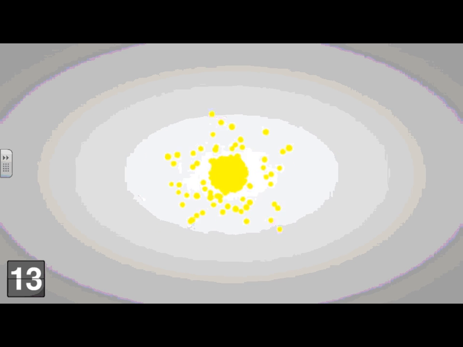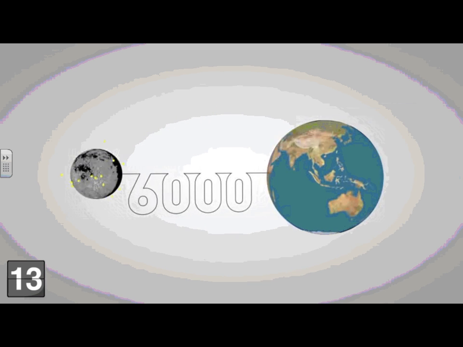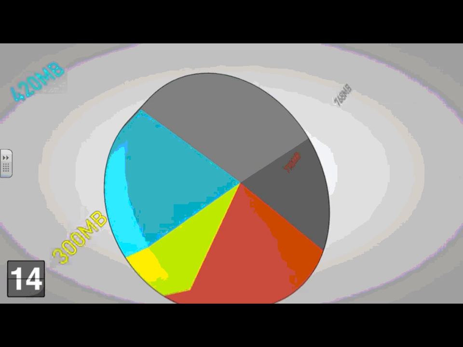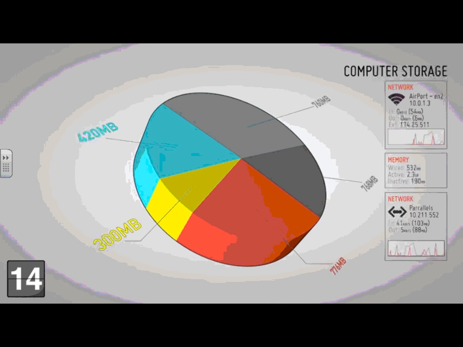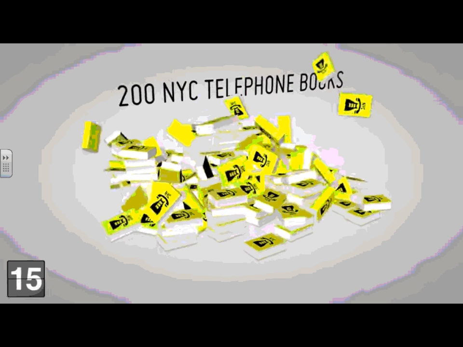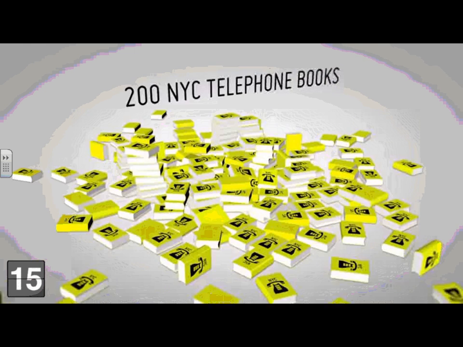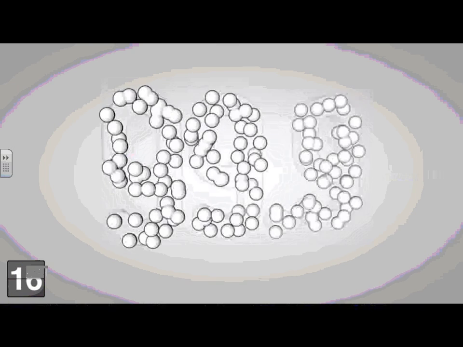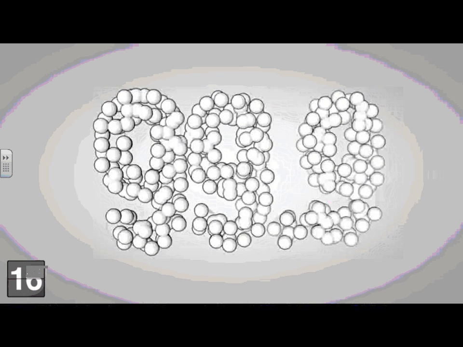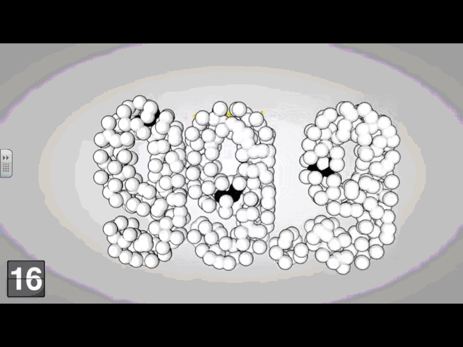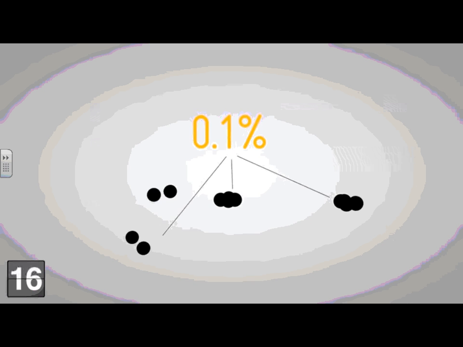If you unwrap all of the DNA in all of your cells, it would reach the moon 6,000 times. All 3 billion bases of your genome would take 3 gigabytes of computer storage space. Your entire DNA sequence would fill 200 New York City telephone directories. You are 99.9% identical to the person next to you. Only 0.1% of our genetic makeup differs.